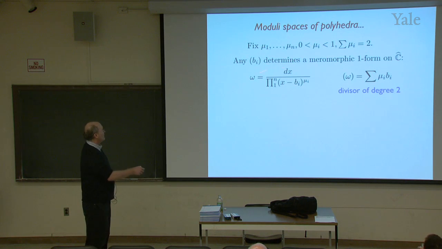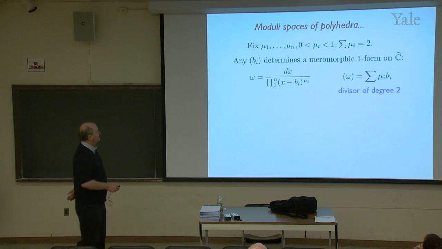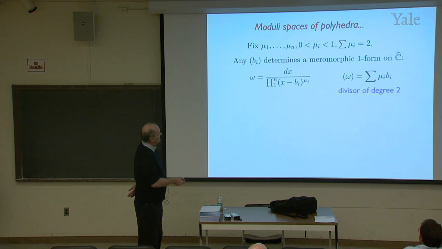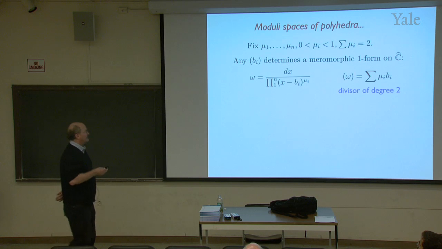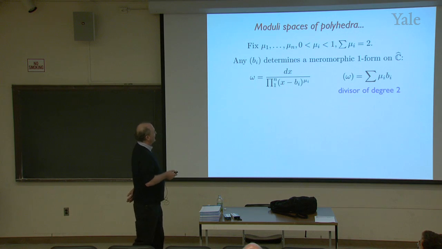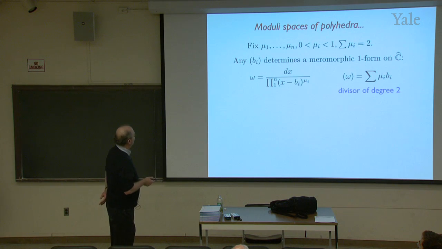So there's a meromorphic one-form with poles along these points bi. Notice that the divisor of this form, which would be, there should be a minus sign here, the sum of these mu i's times the bi's, has degree 2, as should any anti-canonical divisor on the sphere.